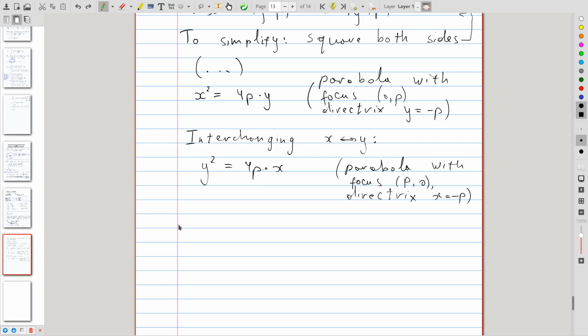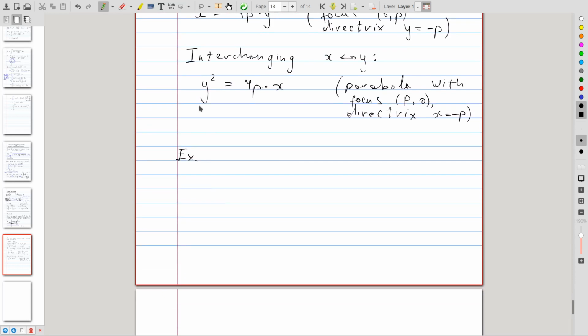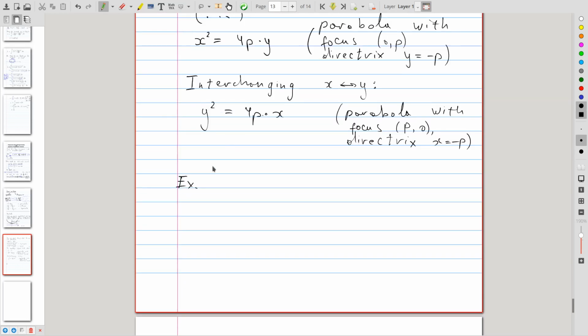But you can ask all sorts of questions about this form of the parabola. So for example, you can ask things like find the focus and directrix for the given parabola. So you can go back and forth between the geometric properties of a parabola and its analytic equation.